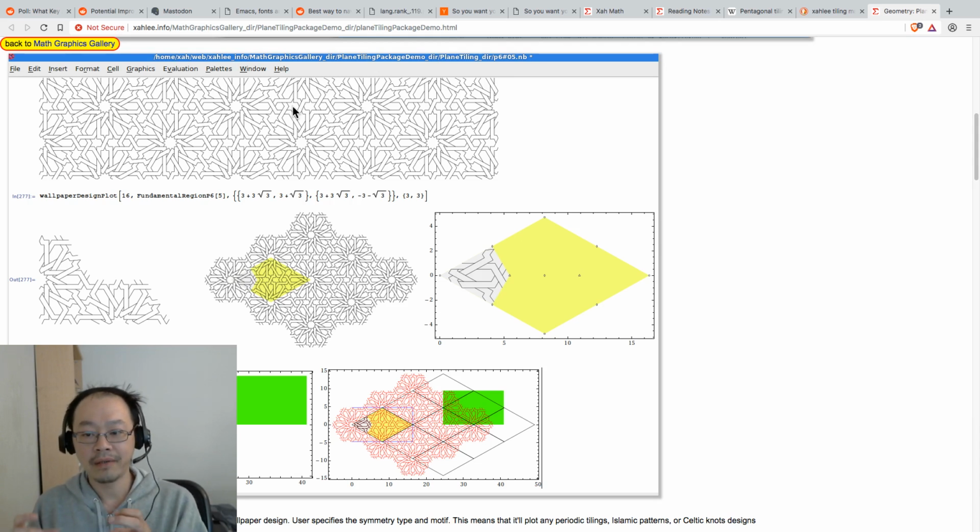But meanwhile, the tilings and patterns subject is also what's called recreational math. There's a category of math called recreational math, which is math that any mathematician can understand and appreciate. For example, you see this, you see what's going on, and you can start to study it. So that's interesting.